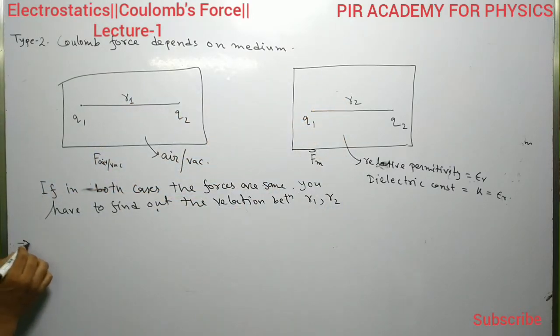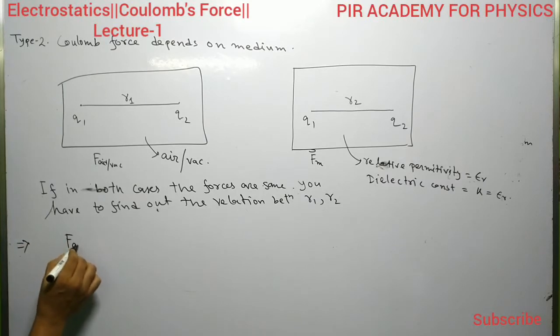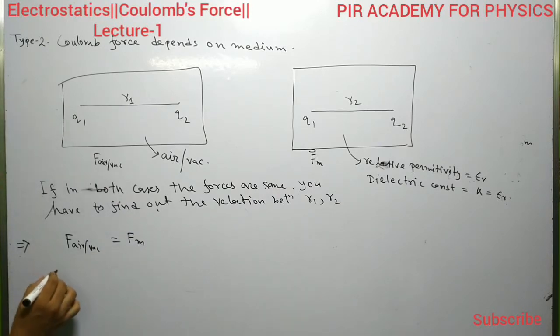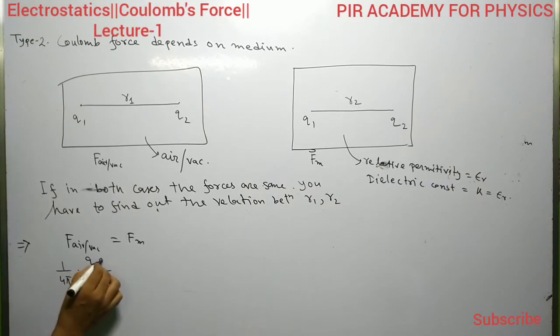So here F of air or vacuum equals F of medium. You can write this as 1 by 4 pi epsilon naught into q1 q2 by r1 square.